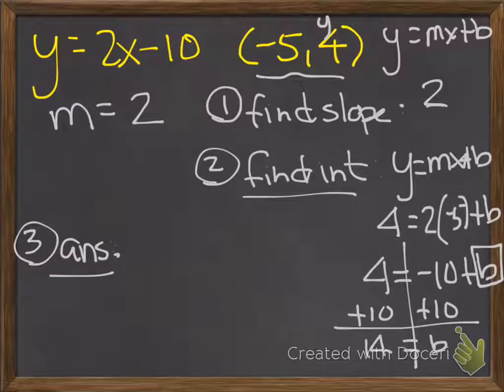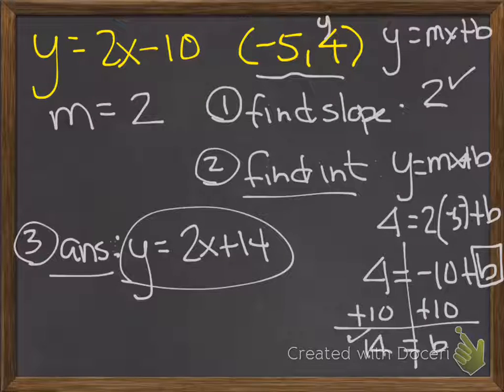You got the 2 parts you need. You found the slope. You found the intercept. Just plug them in. Y equals 2x plus 14. Don't forget your x. Questions so far? You guys think you can do this on your own?